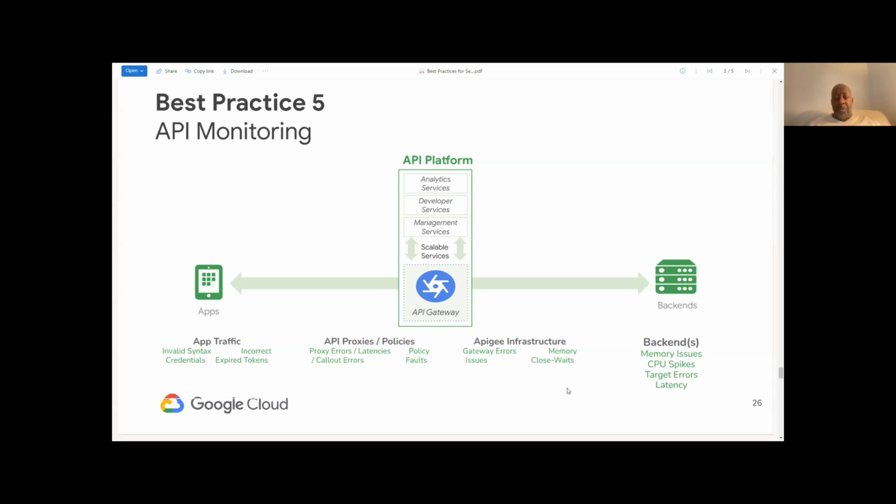But with API management, you need to collect data and monitor your API systems, especially if you're trying to monetize it, or if you have a history of security problems or breaches. With an API platform, and in the case of Apigee, the monitoring is enhanced with ML searching and other things to help you quickly diagnose or provide preventative measures.